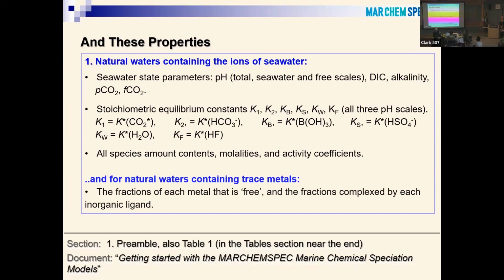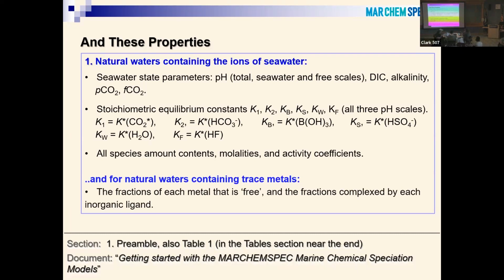And also, the model calculates all of these stoichiometric equilibrium constants for acid-base equilibria, so the two carbonate constants, borate dissociation, bisulfate, ion product of water, and HF, another minority interest there. And of course, it calculates the molalities, the concentrations in two scales, and activity coefficients of all species.